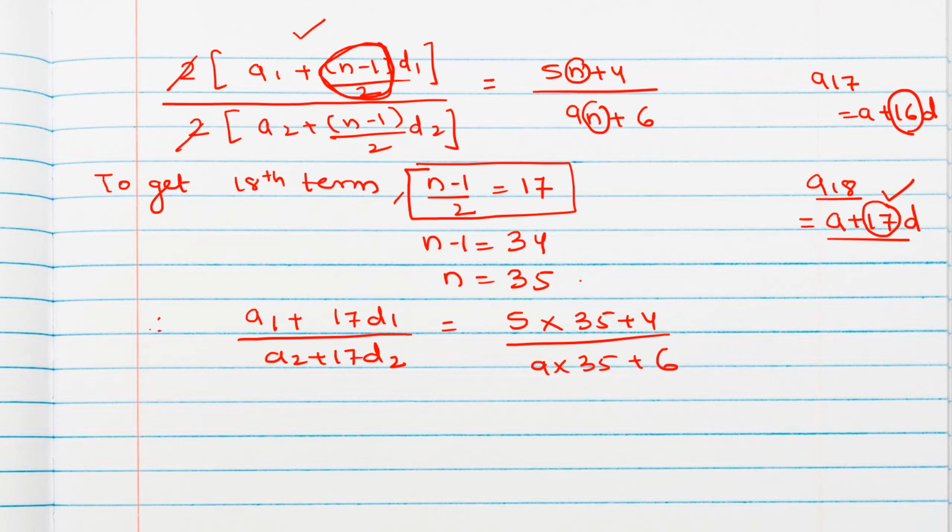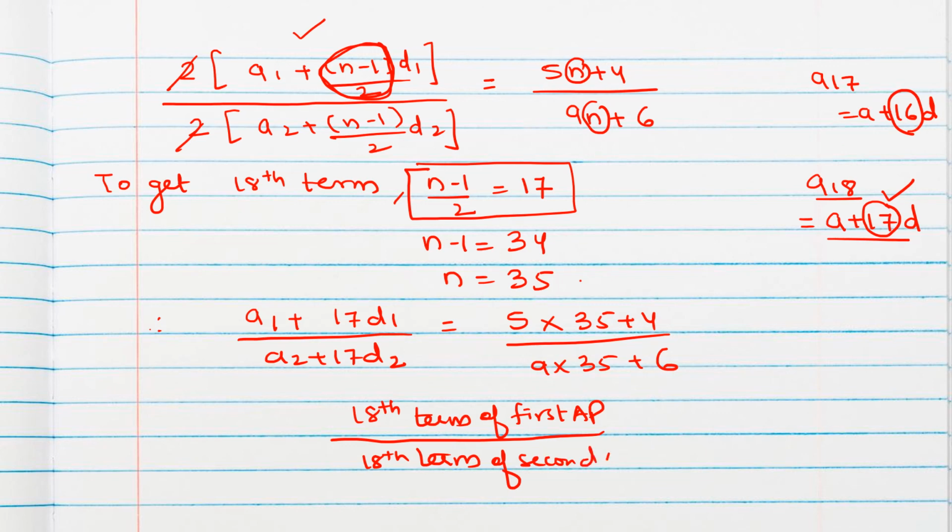So a1 plus 17 d1 is the 18th term of the first AP, and a2 plus 17 d2 is the 18th term of the second AP.